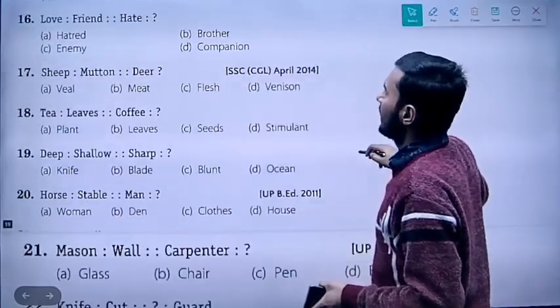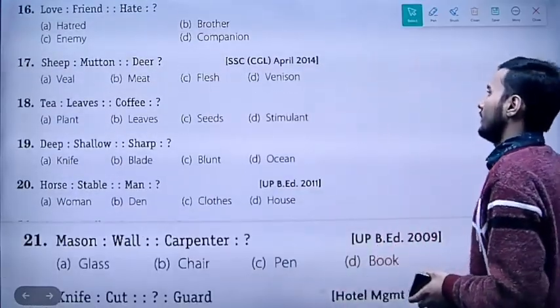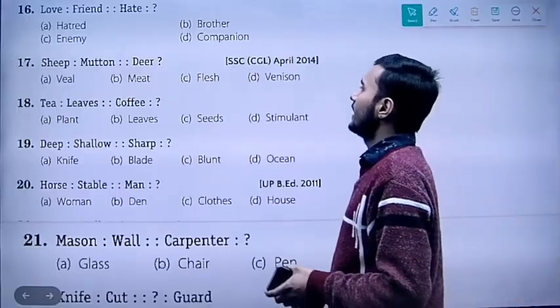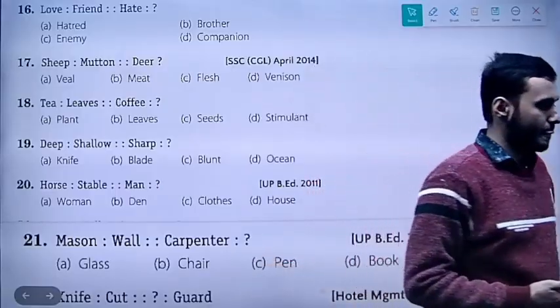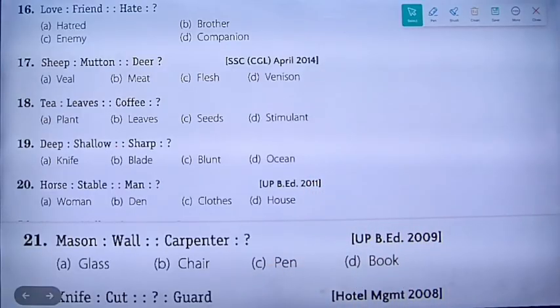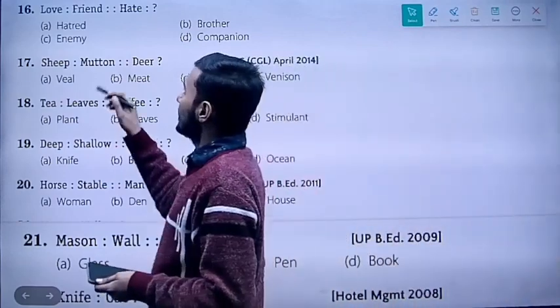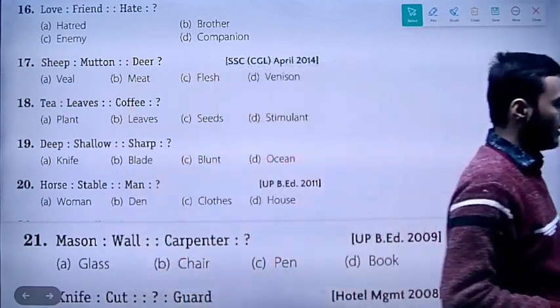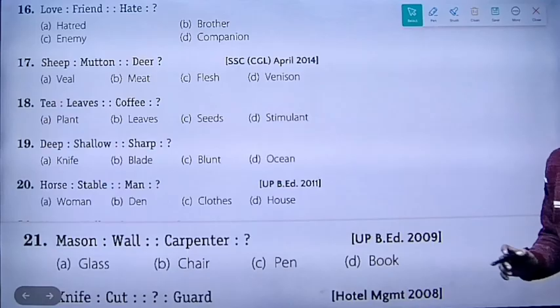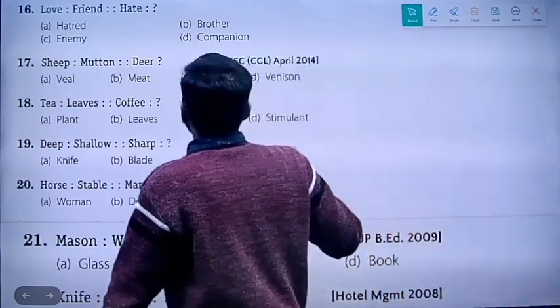Next question is: love is equal to friend, then hate is equal to what? Now in this question, what relationship are we seeing? We are seeing an advanced analogy relationship.